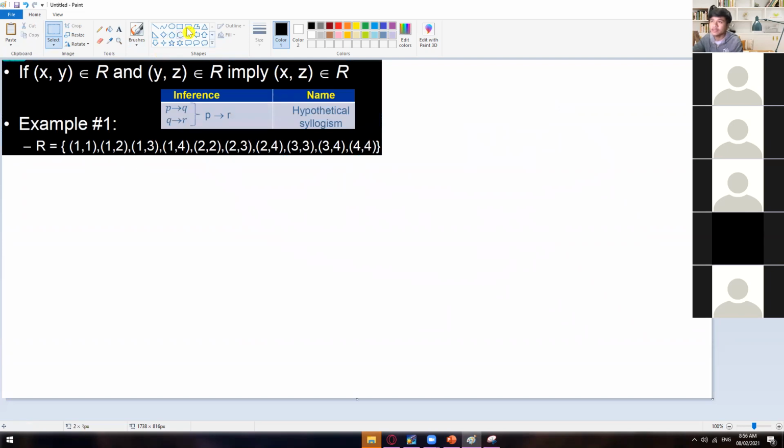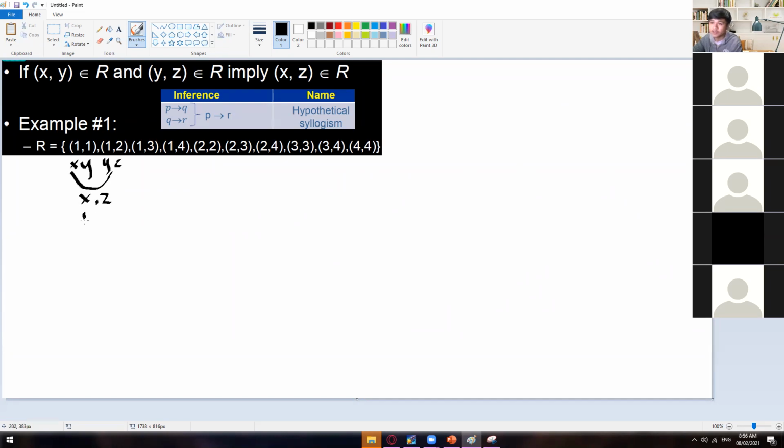As you can see, we have the xy and then the yz. The y is the same as this one, which is 1, 1. Then we should also have an xz, so you have to find this xz, which is 1, 2.